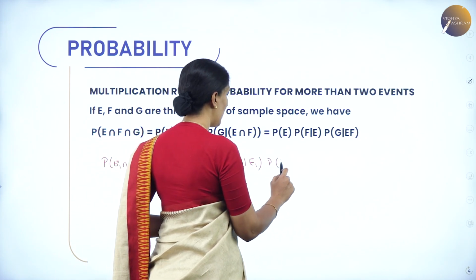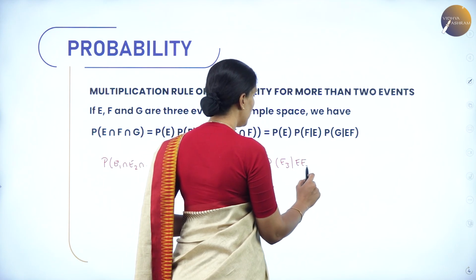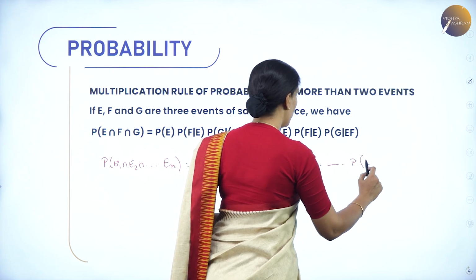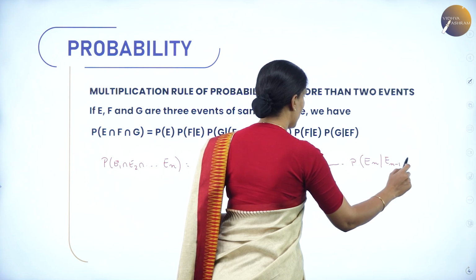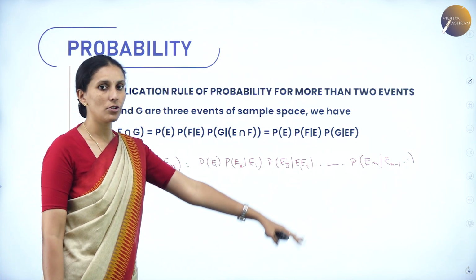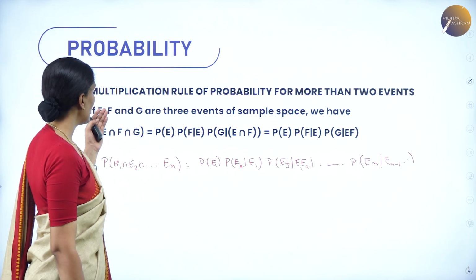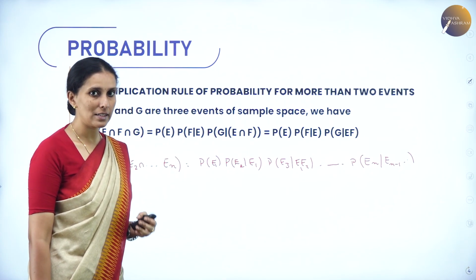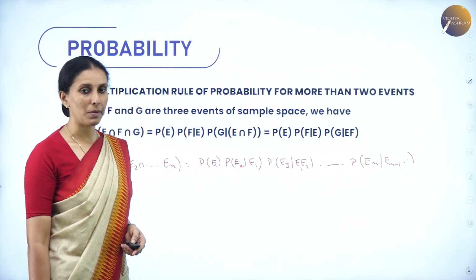Next, probability of E3 given E1 and E2 has happened, and similarly we can extend the product up to En, so En given E1 to En minus 1. So like this, we can extend this multiplication theorem to n number of events. Given E, F, G are the events of the sample space, in the same way E1, E2, En are the events of the sample space S.